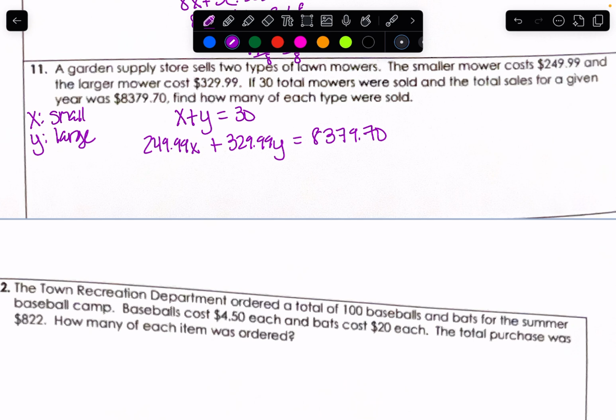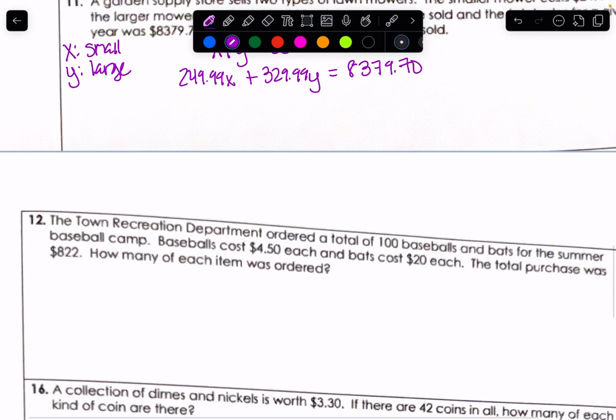Remember that you are going to have to multiply, I suggest that top one, of course, by either a negative 249.99 or a negative 329.99 so that you can eliminate one of your variables, okay? So you're going to do that, and you are going to solve for x and y and put that answer on this video, okay?